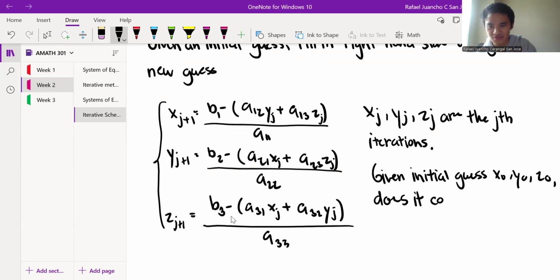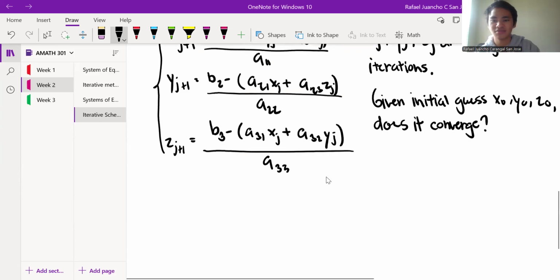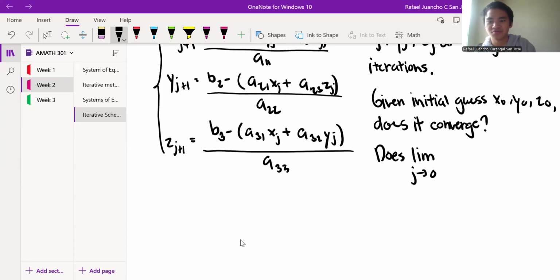does it converge? Right? So what does that mean? Does the limit exist? So does the limit as j approaches infinity for xj, yj, zj exist? If it does, then it converges.